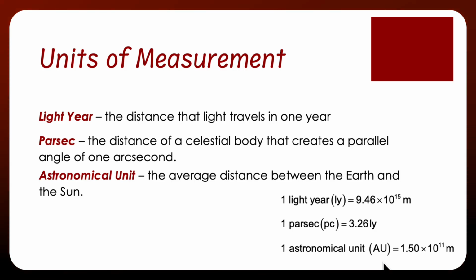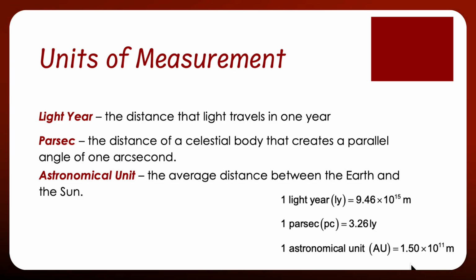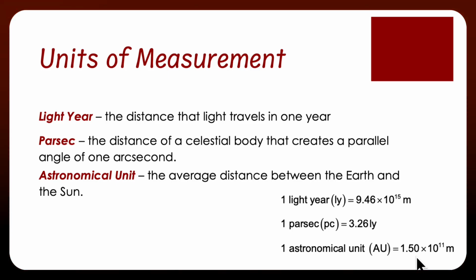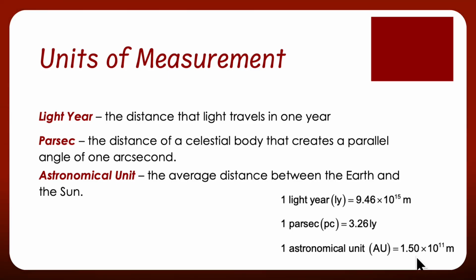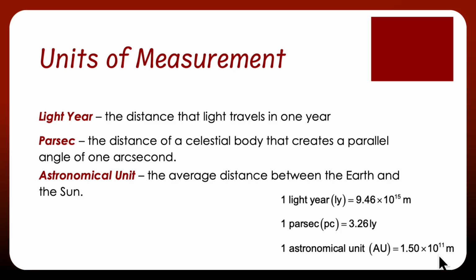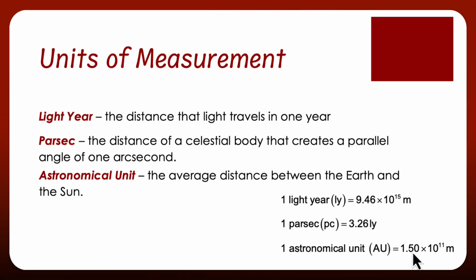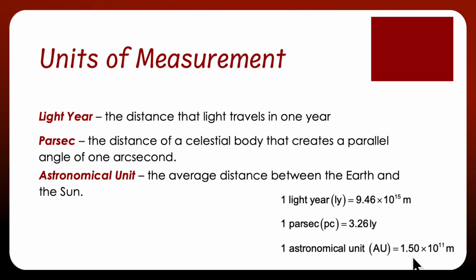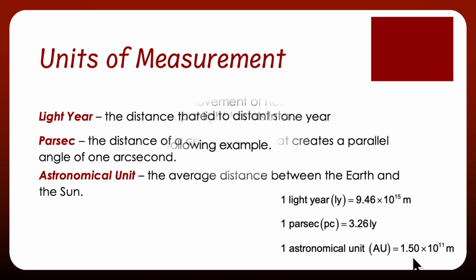That could be summer or winter. So this is the average between them because it is an ellipse. But if we wanted to pretend it was a circle around the Sun, it would have a radius of 1.5 times 10 to the 11. In my video about calculating stellar radii, I use that to help with the solar constant to find the luminosity. So it's a hidden piece of information in my mind.